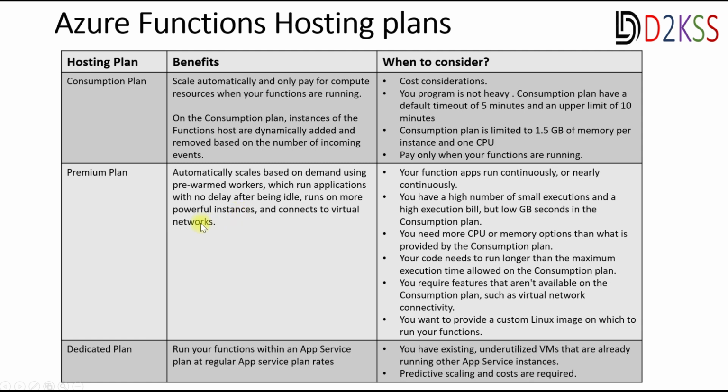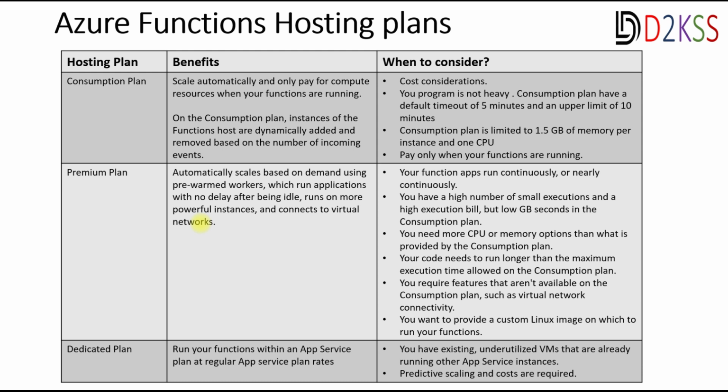Here two things we have to observe. First, in the premium plan, there are dedicated resources running continuously, and when a request comes, it will be processed immediately without any delay.